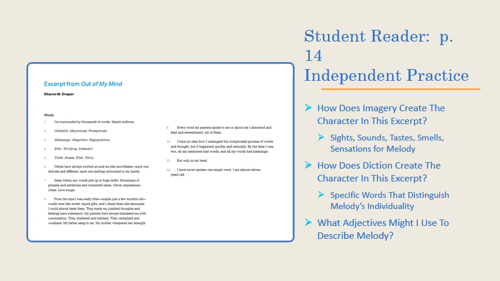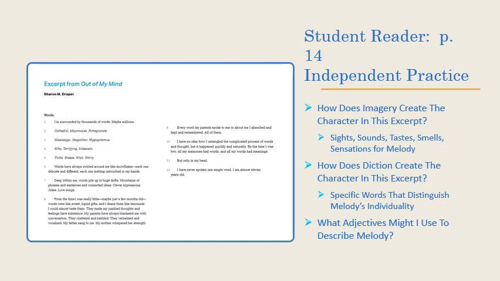So you can expect some kind of poetic license being taken here. But the questions remain the same. Your job this time is, after I read it out loud, to go through in your practice online and do what I just did with Montag and Fahrenheit 451 for this character of Melody in this excerpt from Out of My Mind.